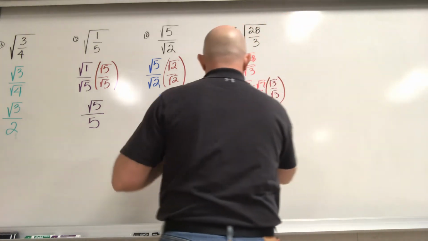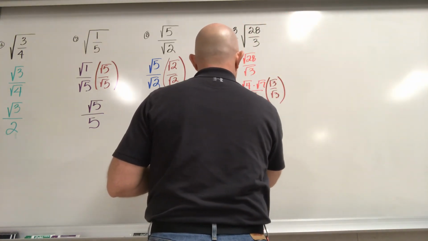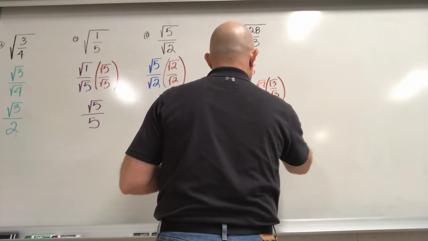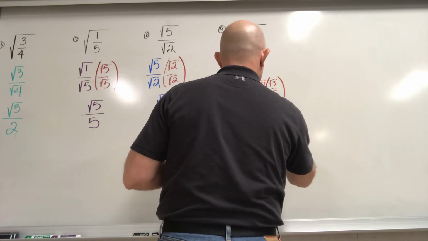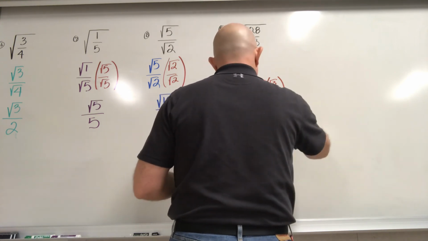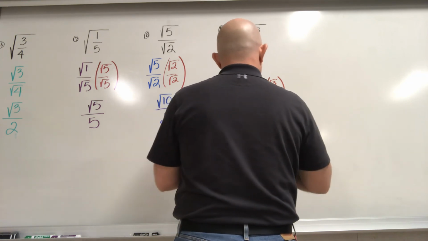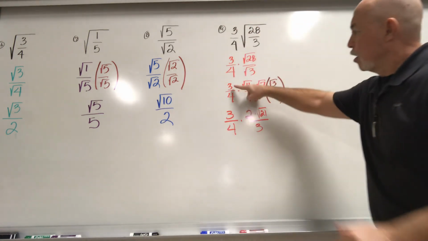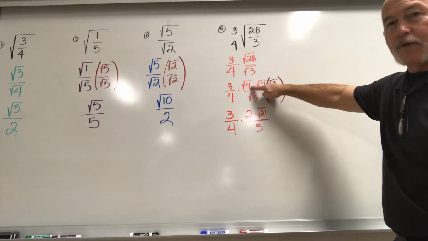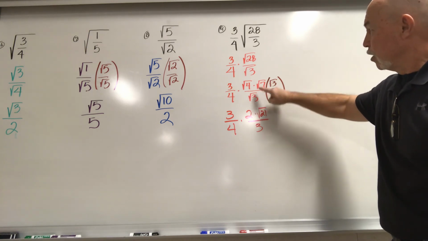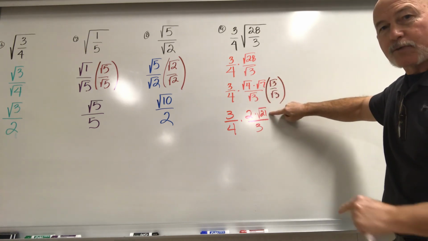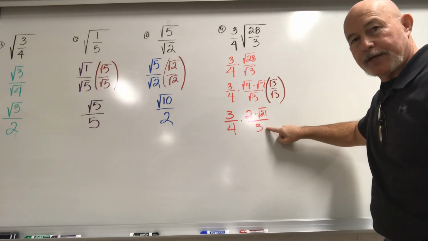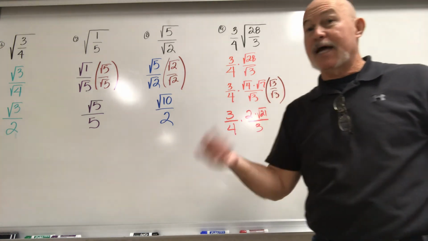I've got 3. Okay. 3 over 4. Radical 4 becomes 2. Radical 7 times radical 3 is radical 21. Radical 3 times radical 3 is 9.